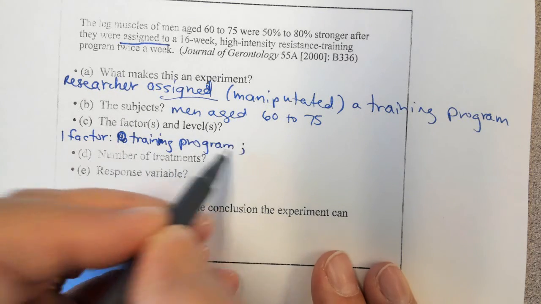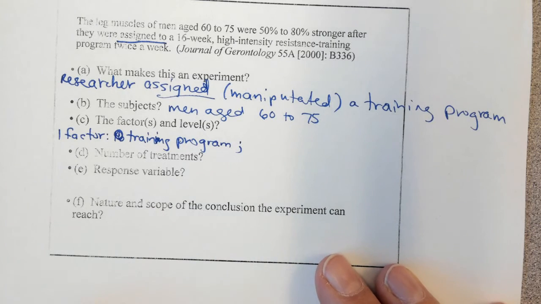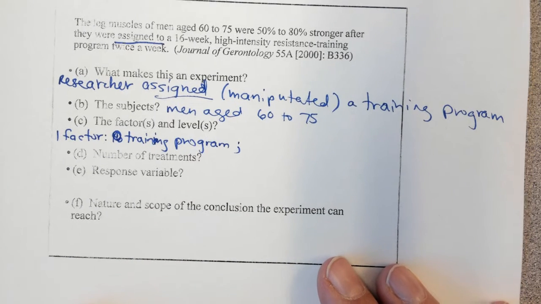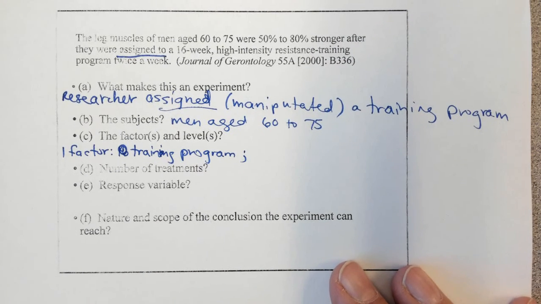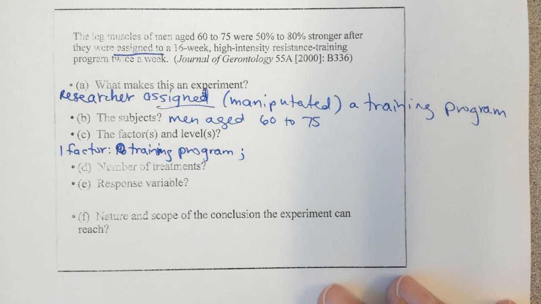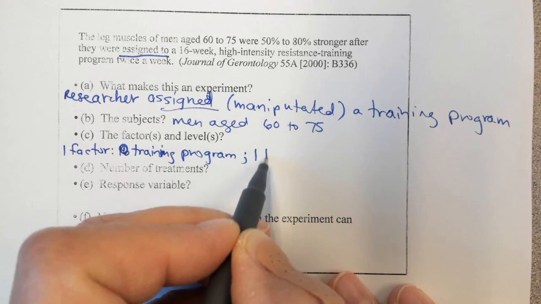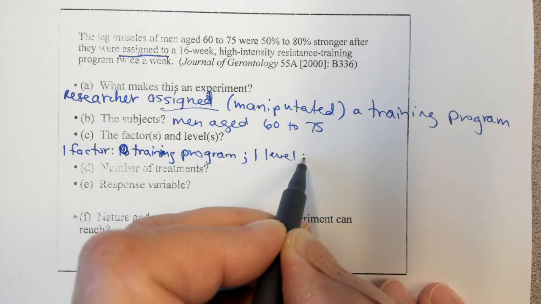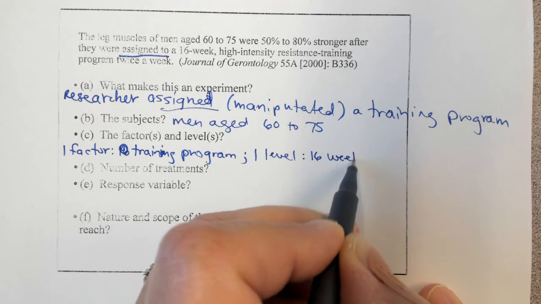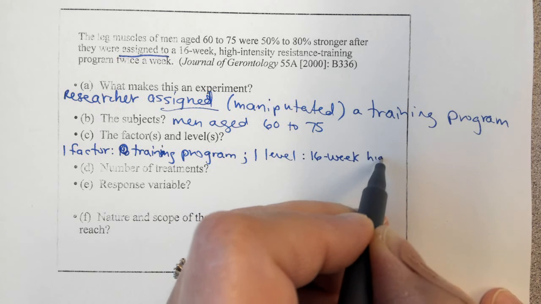And how many levels? Just one. Everybody got the 16-week high intensity. Everybody got the same treatment. So one level, and it's the 16-week high intensity.